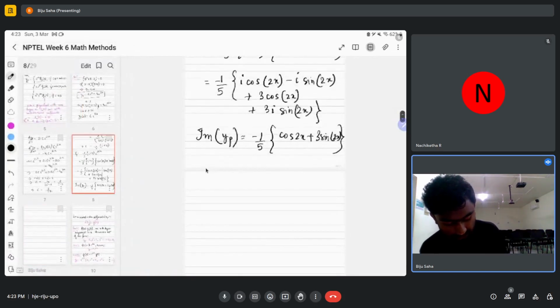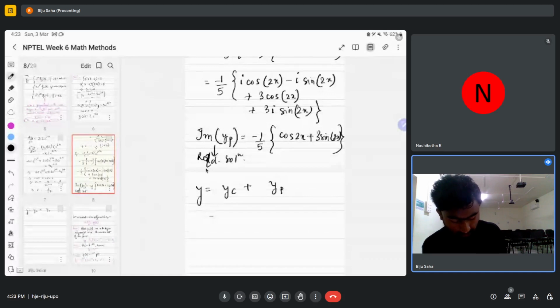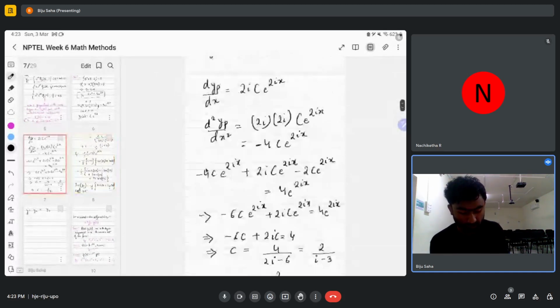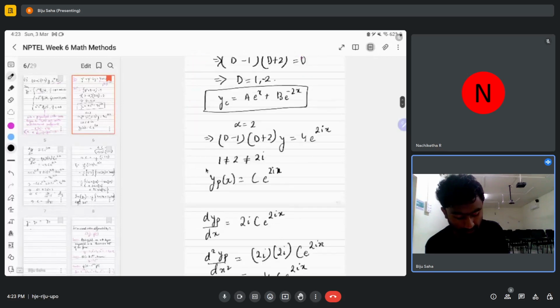So this is the required particular solution for the above differential equation. So the total solution would be the complementary solution as well as the particular solution that we obtained. Your complementary solution was a e to the power x plus b e to the power minus 2x.